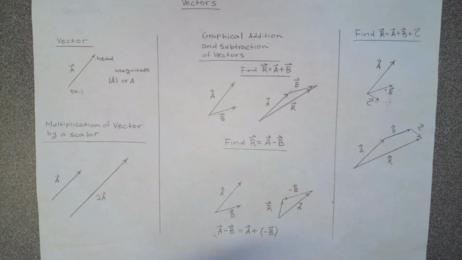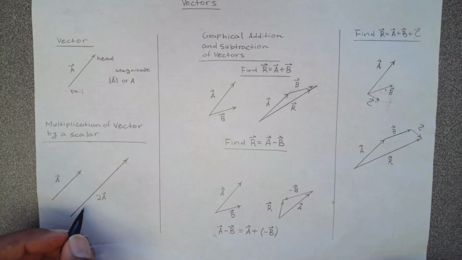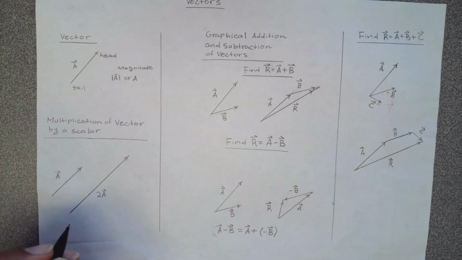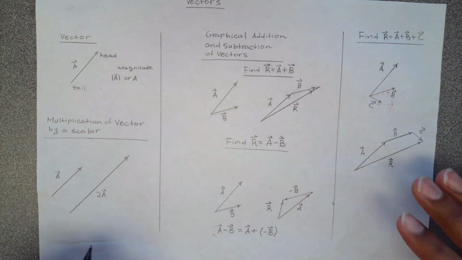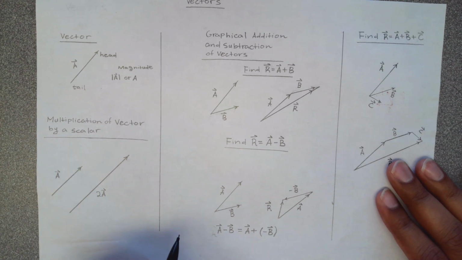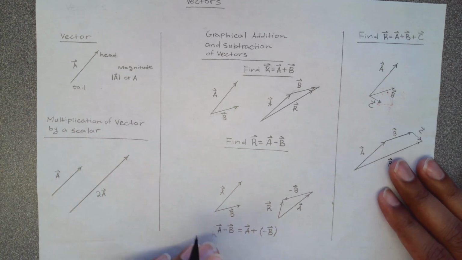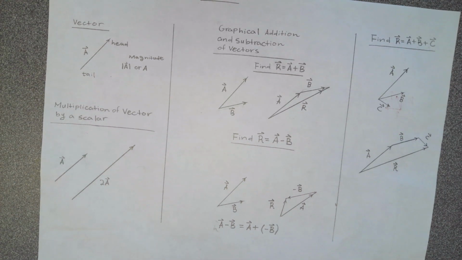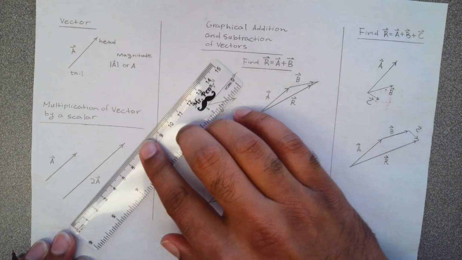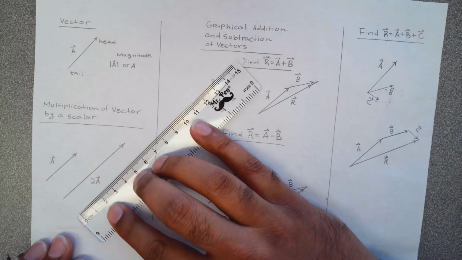All right? Another thing I will mention here is, what if I want to find negative A? What's going to happen with negative A? Negative A will just flip this vector 180 degrees. So if I want to represent negative A, let me find a ruler. Negative A in this case, I can just draw it like this.